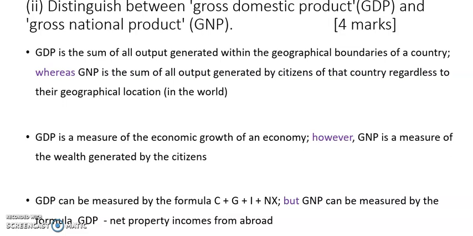So that's distinguishing because GDP is obviously a part of GNP, or I should say GNP is GDP minus something. All right, so that's your answer to part 2.